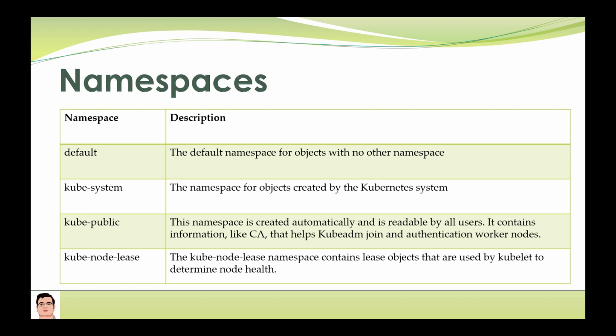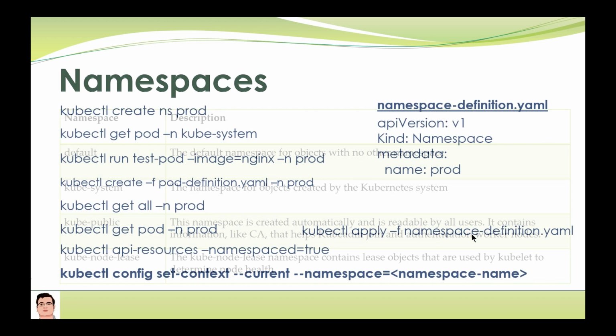It contains information like the CA, the certificate related things, the kubeadm join for adding worker nodes, the master node. So it contains all the things related to the authentication of the worker nodes. The kube-node-lease namespace contains the lease objects that are used by the kubelet to determine node health. So it contains all the information regarding node health.